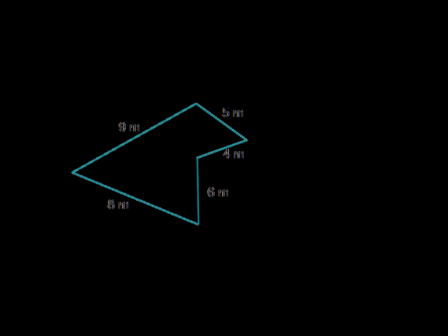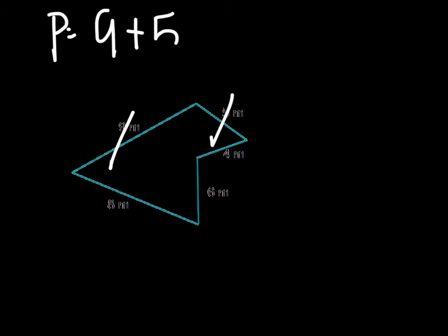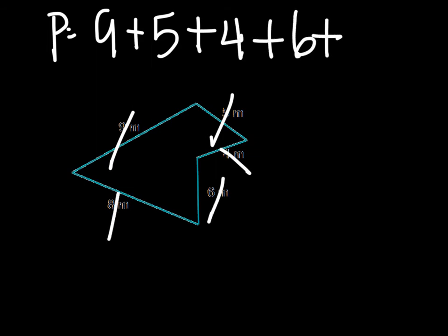We're going to cross out the 9, and I'm going to say perimeter equals 9 plus 5 plus 4 plus 6 plus 8. Now I'm totally sure I got them all because you're going to notice I've crossed them all off and I have nothing left. So now I'm going to add all these numbers together. I like to always start off with the ones that are easier for me to add.